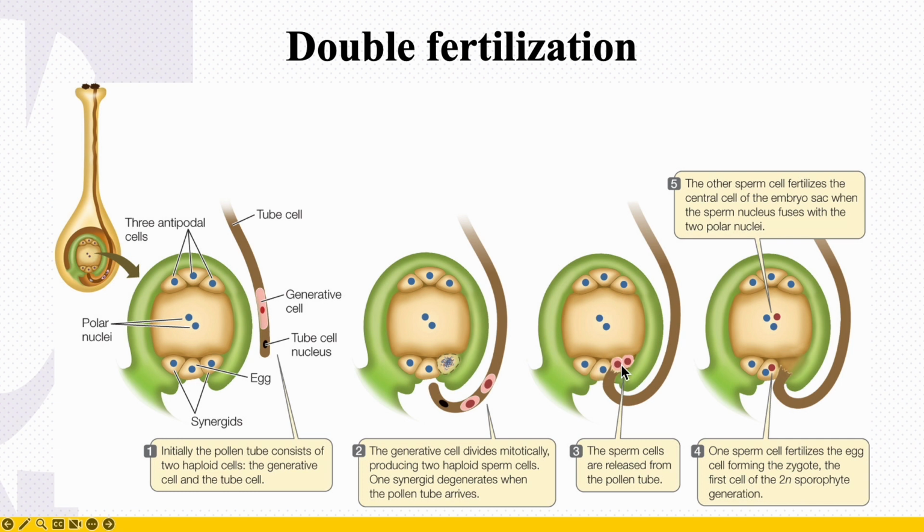Once that makes it there, those 2 sperm cells are released from the pollen tube. One is going to fertilize that egg. The other is going to unite with the polar nuclei, and that is going to form the endosperm.